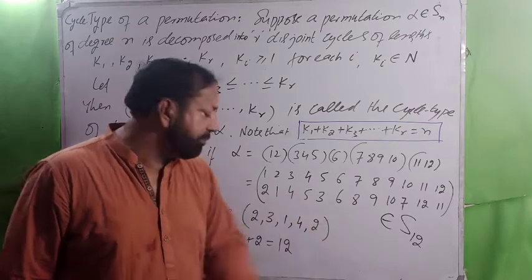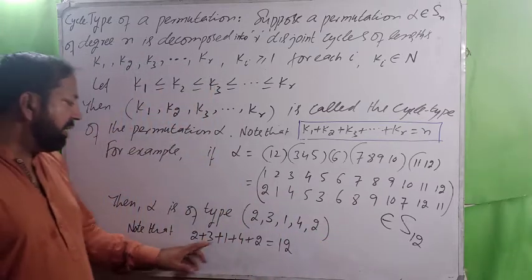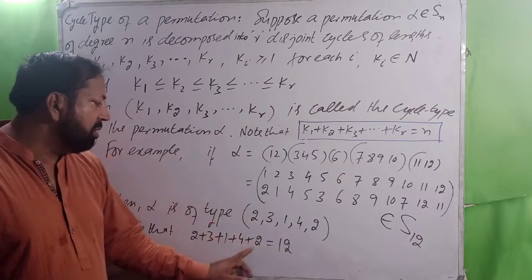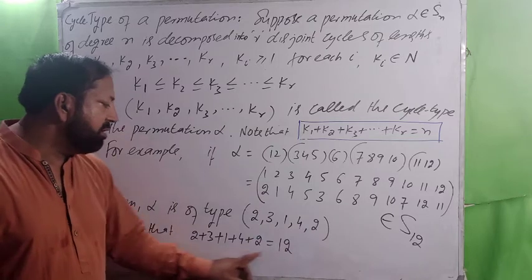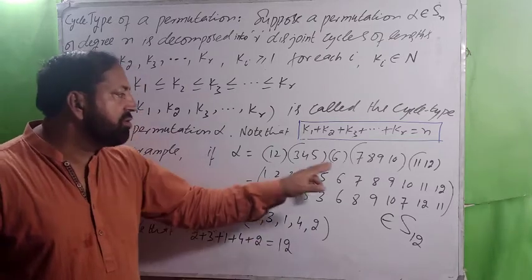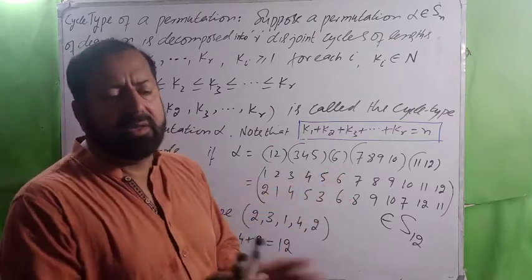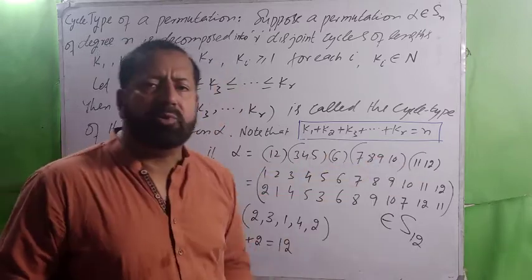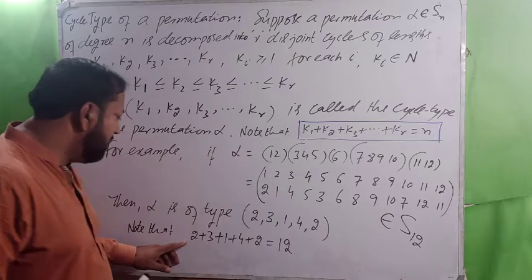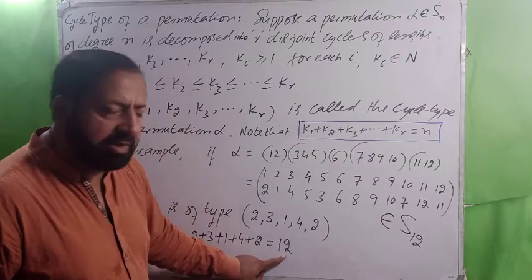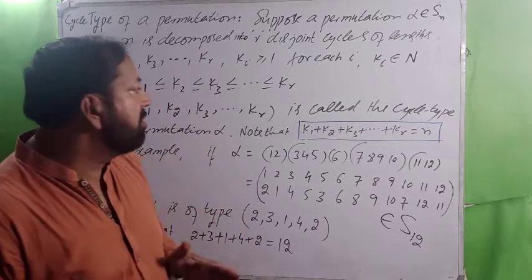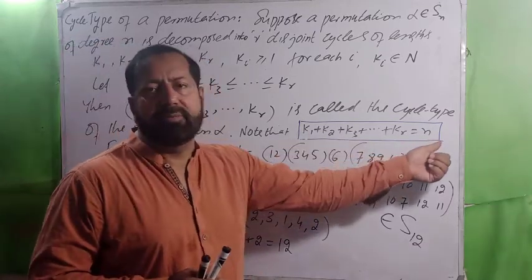Okay, remember? So note that 2 plus 3 plus 1 plus 4 plus 2 should be 12. That's why we are considering points as well. If you remove this point from this decomposition, then it is difficult to get the sum 12. That's why we need to count points as well to find this sum, which is equal to n, right?